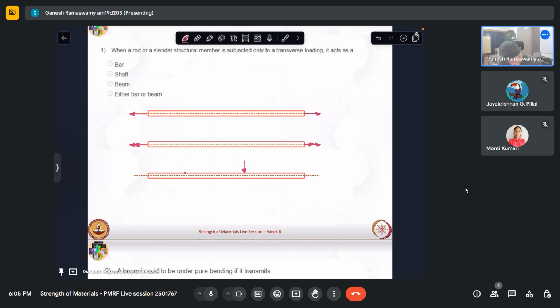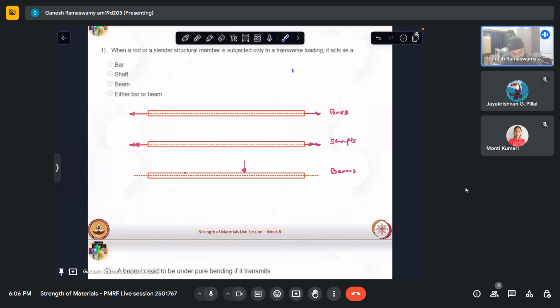So these are bars, these are shafts, and these are beams. So far in our earlier analysis, we saw in truss analysis how to go about finding out forces in the bars. Once we found out the forces, we saw that when a member is subjected to an axial load of this much, how to calculate the stresses and deformations.